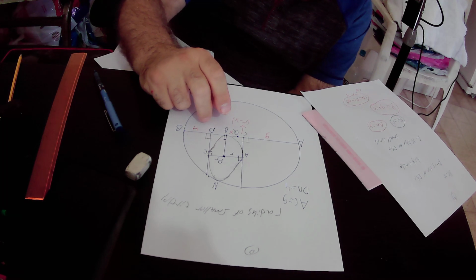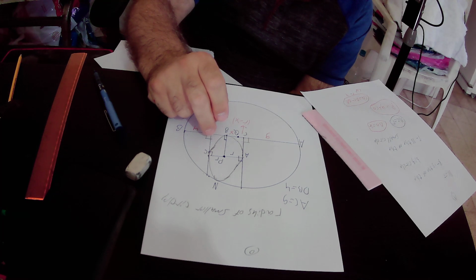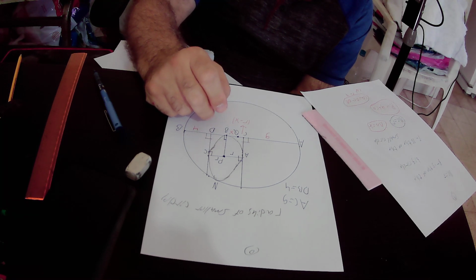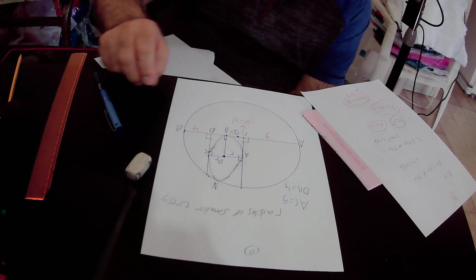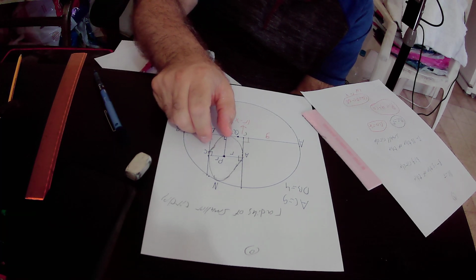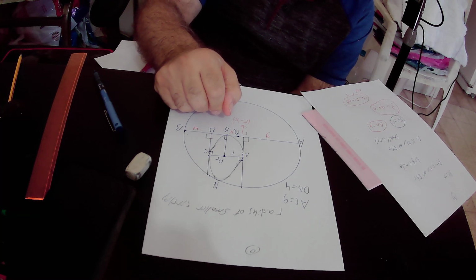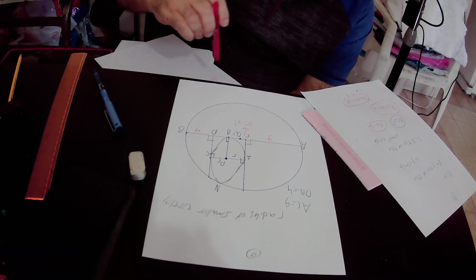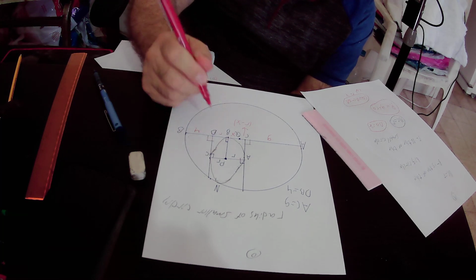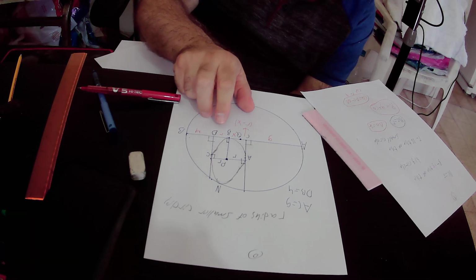Therefore BD equals PC, and PC equals the radius, so BD also equals the radius of the circle. So actually the radius of the big circle equals 4 plus r plus x.